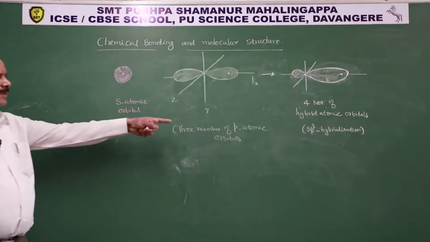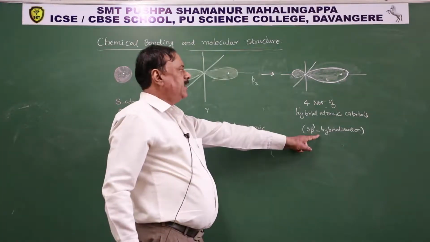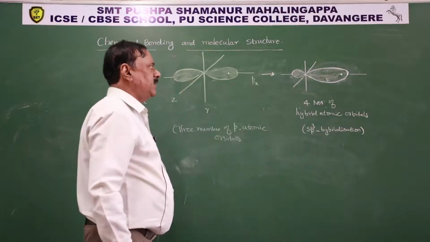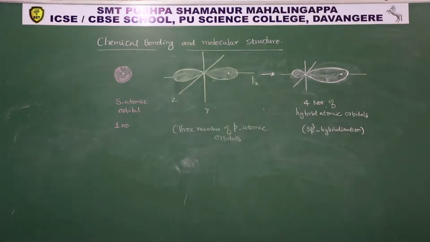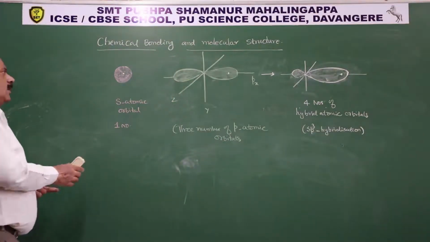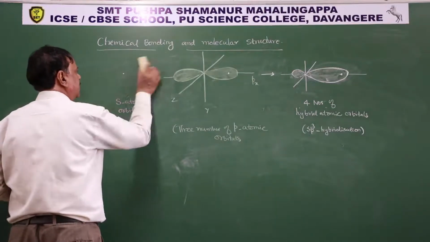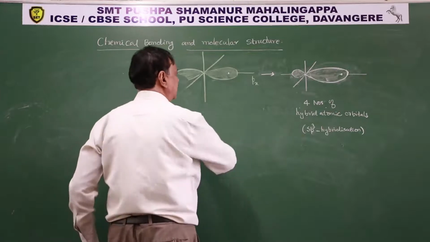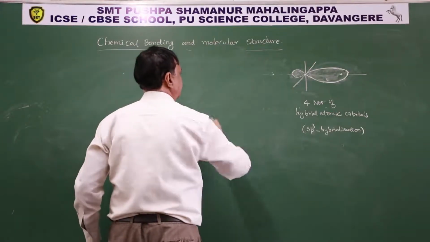Just imagine 4 hybrid atomic orbitals will be there. All these 4 hybrid atomic orbitals orient at an angle of 109 degrees 28 minutes.